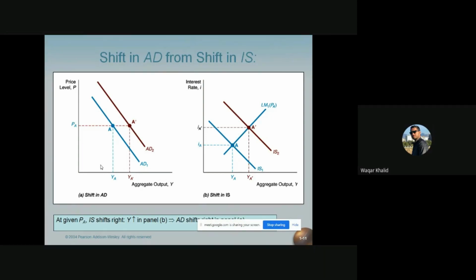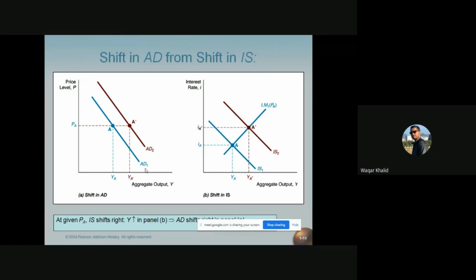Very simply, suppose we have the initial aggregate demand curve AD1. This is the initial aggregate demand curve AD1. And suppose the federal government adopts an expansionary fiscal policy.